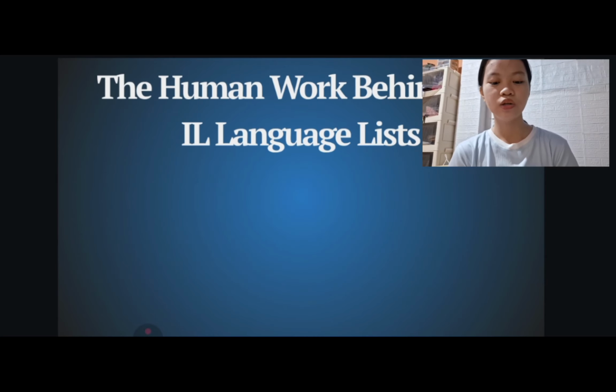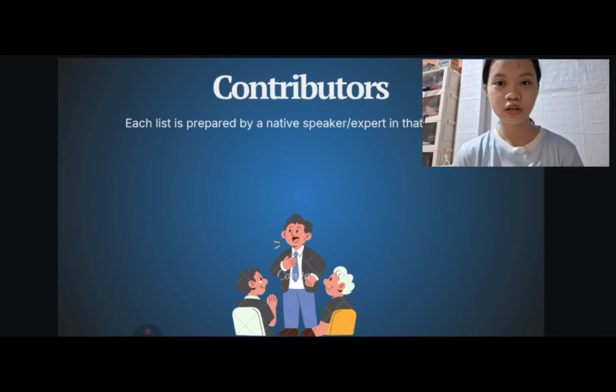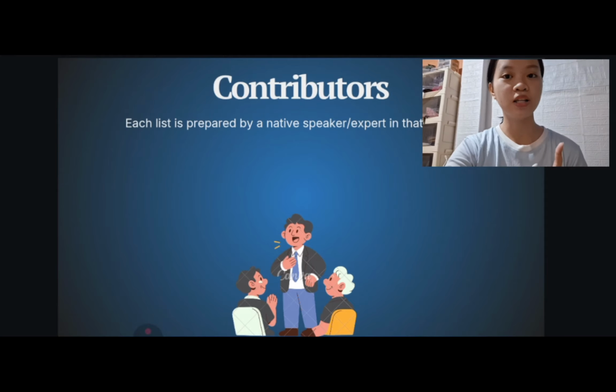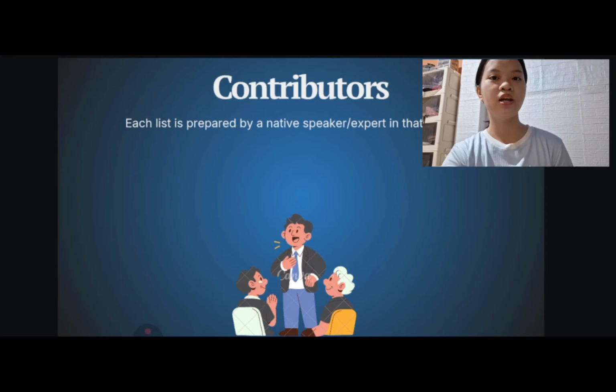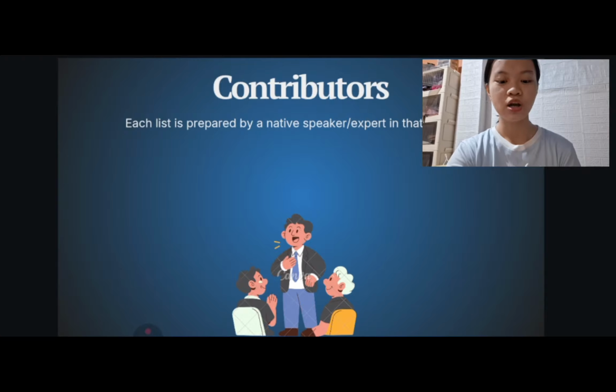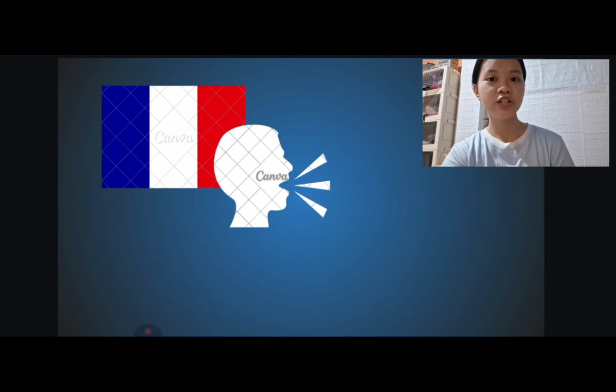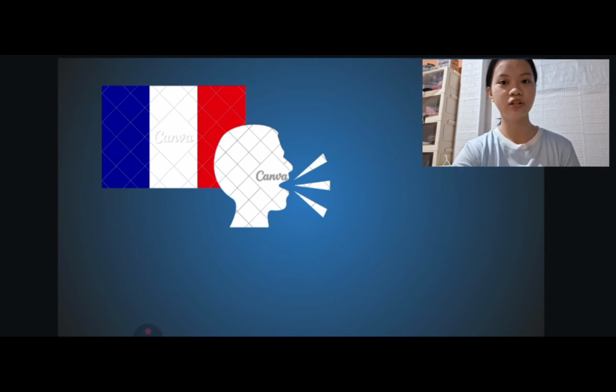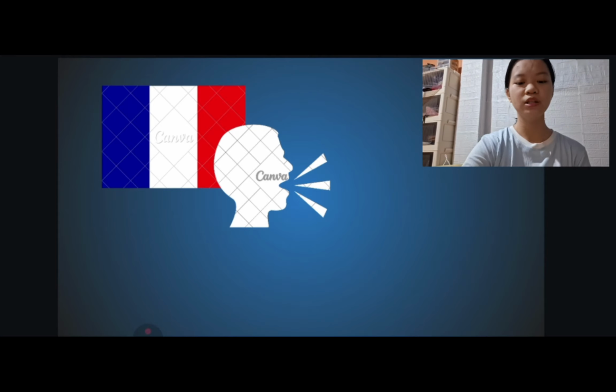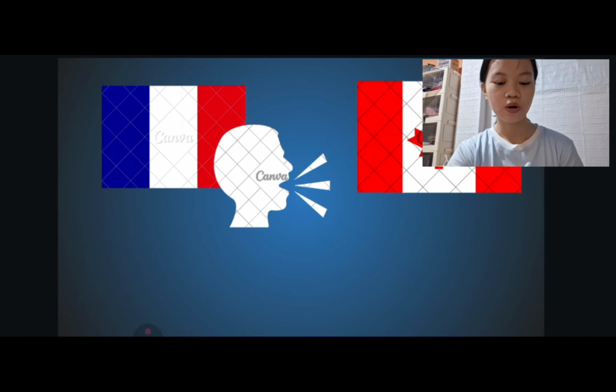So let's talk about the human work behind the information literacy language list. So the contributors. Each list is prepared by a native speaker or expert in that language. However, one contributor cannot represent every country that speaks the same language. So let's say, for example, French information literacy materials from France may be different from those in Canada or Senegal.